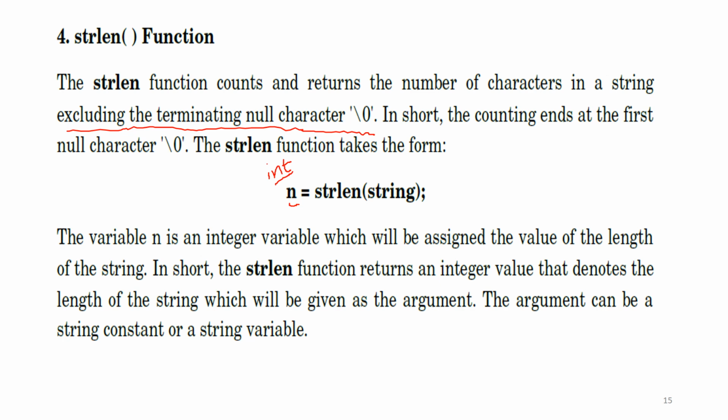The variable n is an integer variable which will be assigned the value of the length of the string. The argument within the strlen function can be a string constant or a string variable.